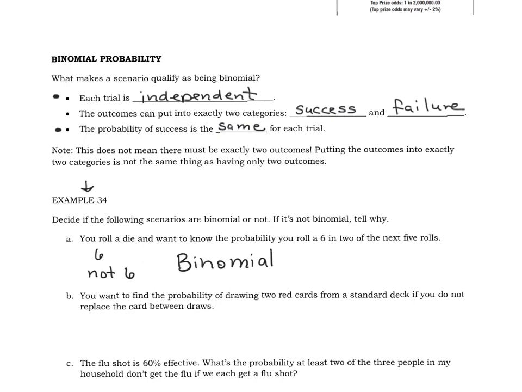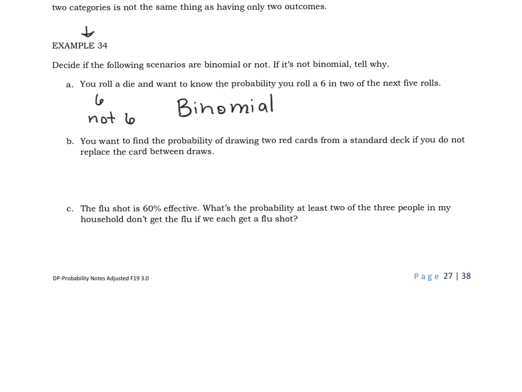Okay, let's look at B. You want to find the probability of drawing 2 red cards from a standard deck if you do not replace the card between draws. So the probability of success is not the same for each trial, right? Because for the first one, you have 26 red cards out of 52.